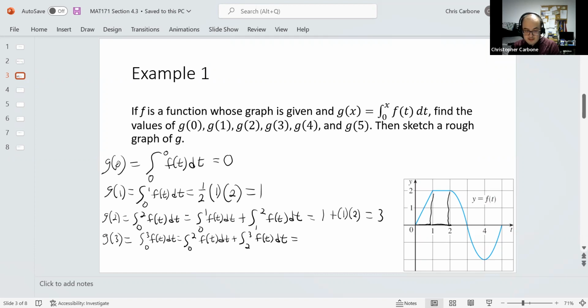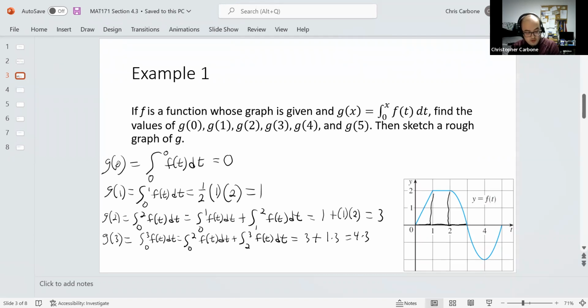And this is 3 plus, for this integral from 2 to 3, that's this area here, which has this curved portion, which we could estimate to be about 1.3. So this area here is roughly 4.3.